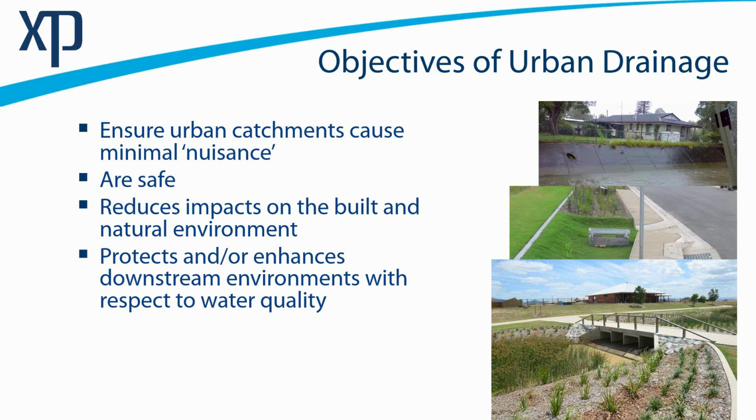And this little photo here on the right hand side shows, it might be a bit hard to see, but hopefully you can see the turbid colour of the inflow to this particular wetland. This wetland is really in the middle of construction of the urban catchment upstream, and it's during those construction phases, of course, that water quality devices probably suffer the most, but it's when they have the greatest potential to protect those downstream environments.